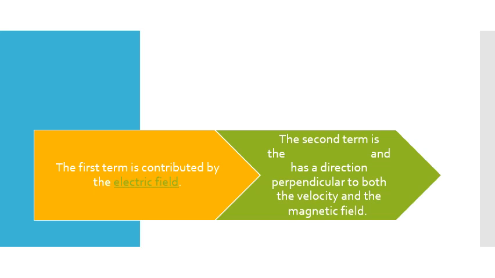Interestingly, whenever we keep a moving charged particle in the presence of electric and magnetic field, both fields give their effect individually. The first term is due to electric field, the second term due to magnetic field.